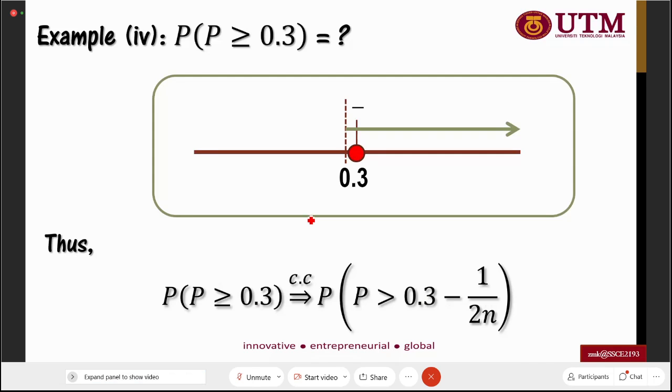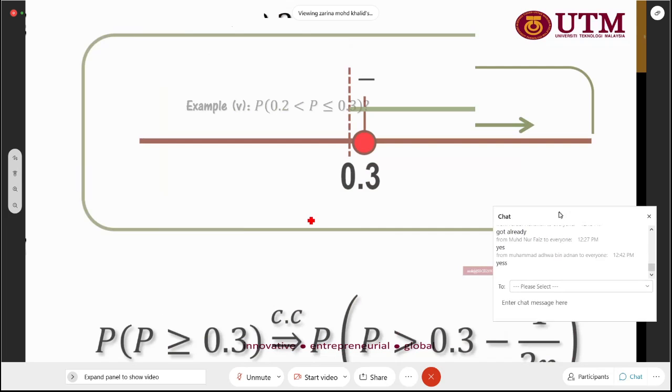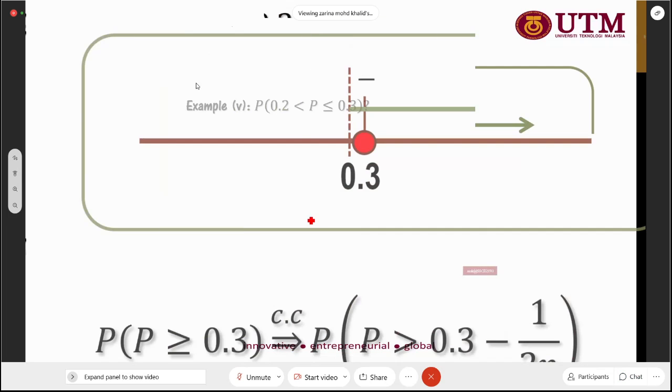What about this one? Any suggestion? The first one, do you need to minus or plus? What about this? Can anyone answer this? What do you mean by the probability that P is greater than 0.2 but less than or equal to 0.3?